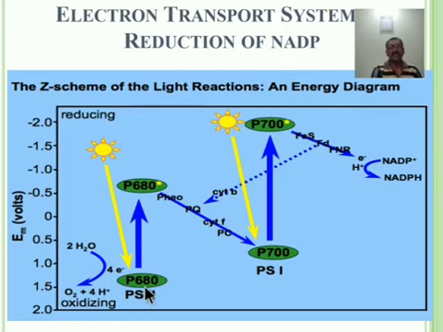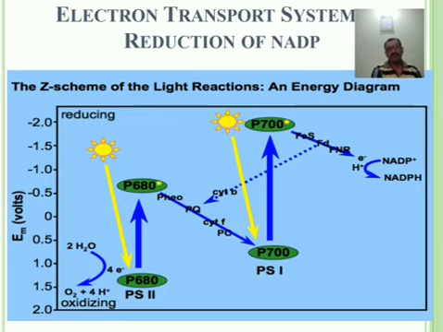Further, the electron goes this way toward the NADP, reacts with the NADP and forms the energy NADPH plus. So it is the ultimate electron donor for NADP. NADP is the nicotinamide adenine dinucleotide phosphate molecule, the final acceptor of the electron.